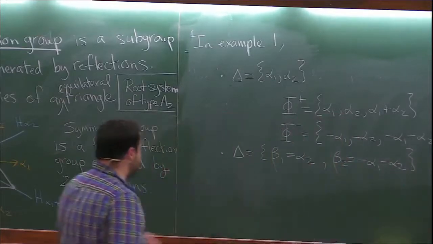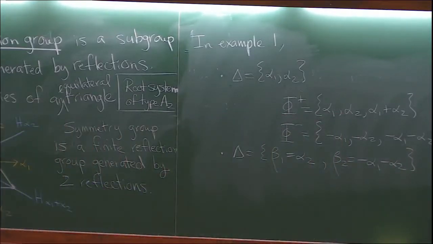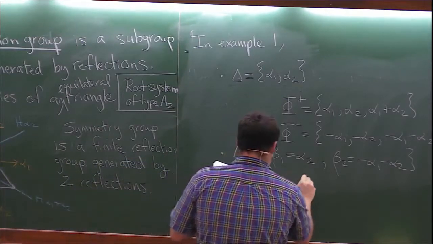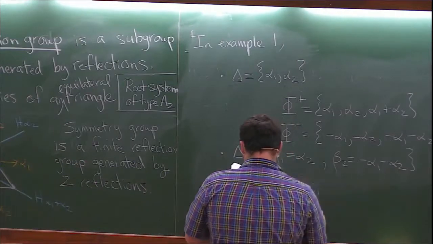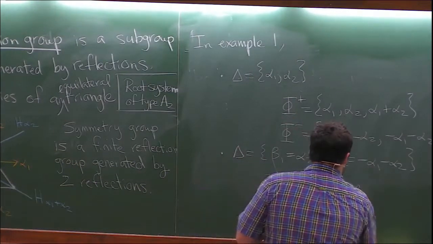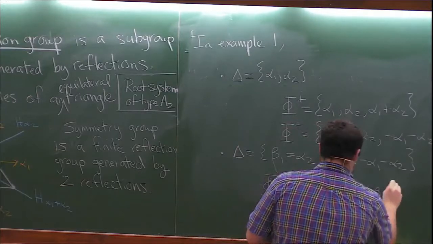To be a simple system, I have to show that I can split the roots so that they're either non-negative or non-positive linear combinations. So here's how you do it. Beta 1, beta 2, and beta 1 plus beta 2 is also a positive root.